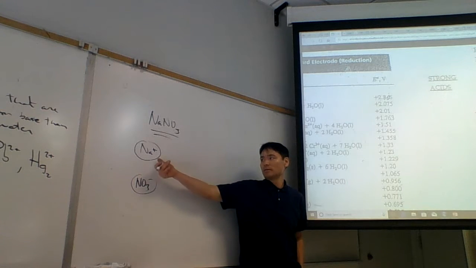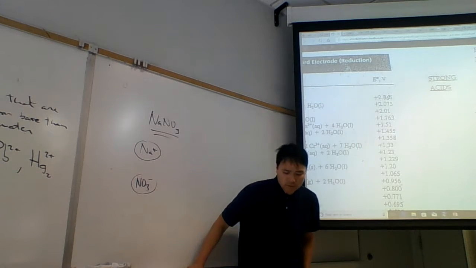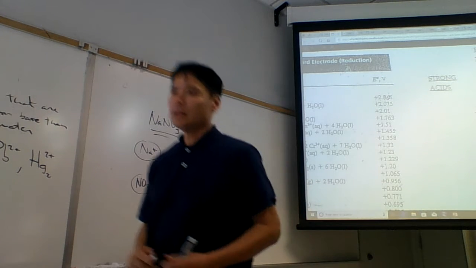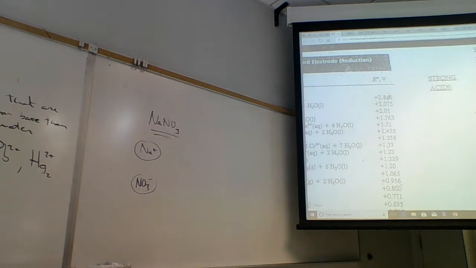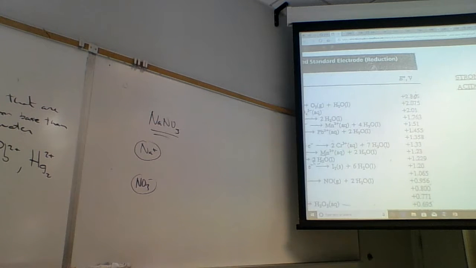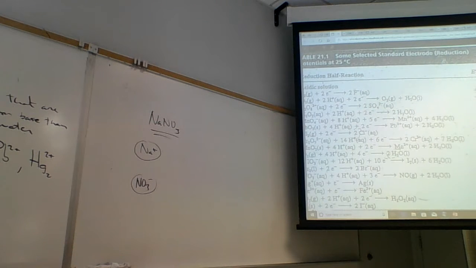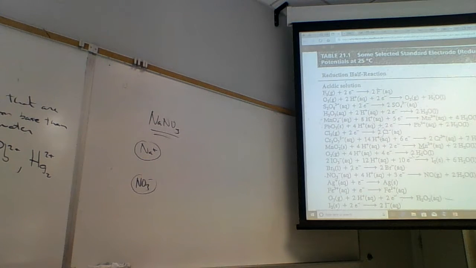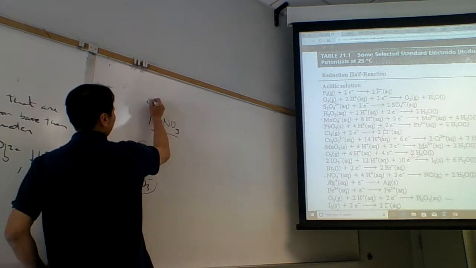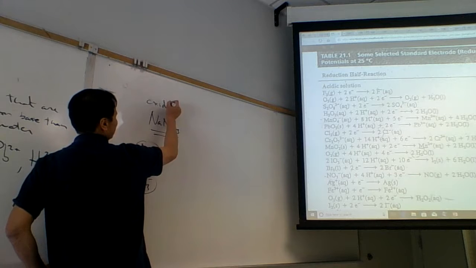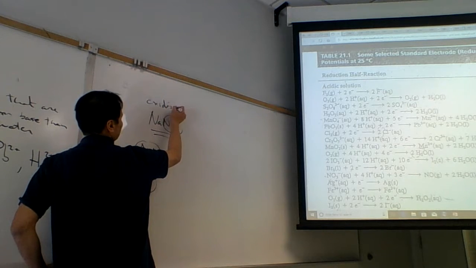And the redox is not coming from sodium, the redox is coming from nitrate, and nitrate is actually pretty strong, what? Oxidizer. And so sodium nitrate, this would be marked oxidizer. Why? Because of the nitrate oxidizer.